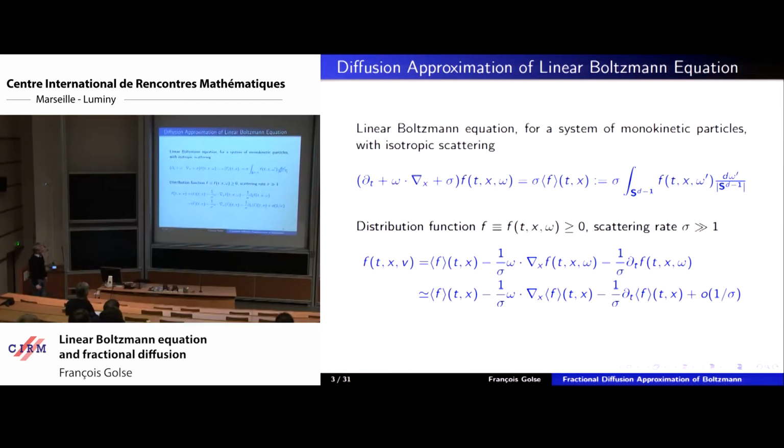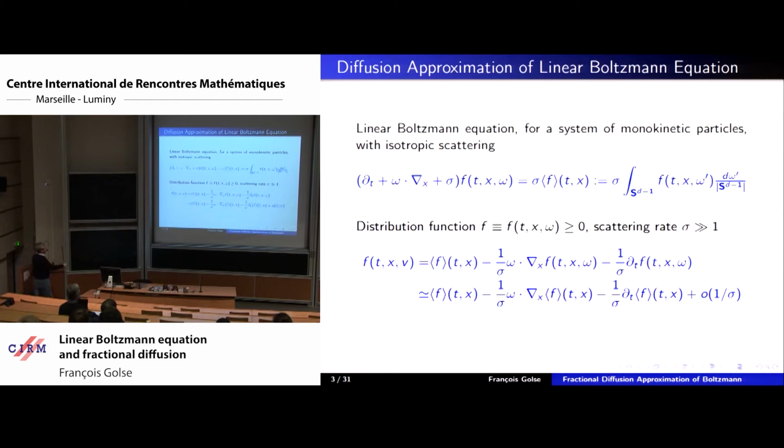And so you see immediately that in the regime where the scattering rate sigma is large, and for all practical purposes we can take it to be equal to a constant, if that constant is large, you can expand the distribution function in powers of 1 over sigma.